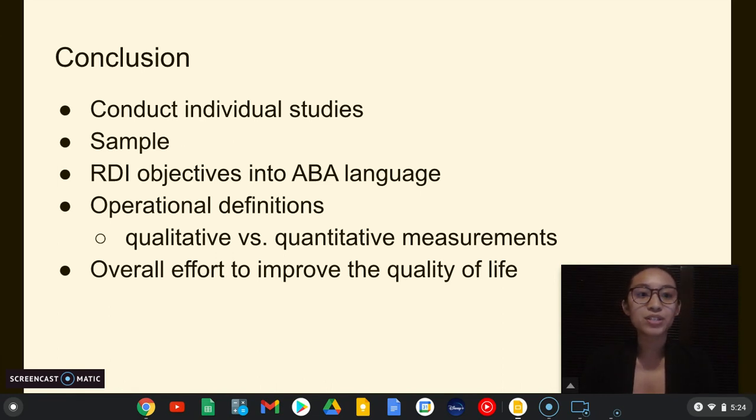It was also mentioned that if RDI objectives were just turned into terms of ABA language, it may be more effective as well, because it will create relatable and true operational definitions that can be measured. There is a question about qualitative and quantitative measurements to make it more reliable. And overall, it is an effort to improve the quality of life of the individual.